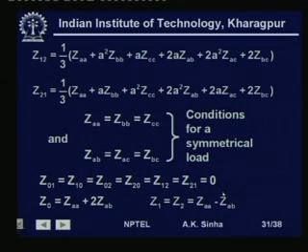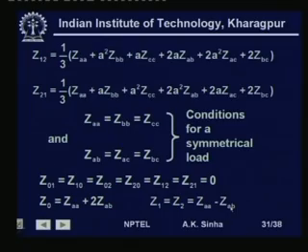That is, all off diagonal terms become 0, and Z0 becomes ZAA plus twice ZAB, and Z1 is equal to Z2 is equal to ZAA minus ZAB.